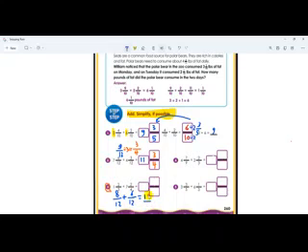But 14 out of 12, we need to simplify it into a mixed number.